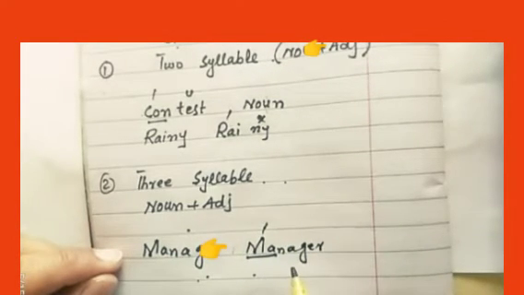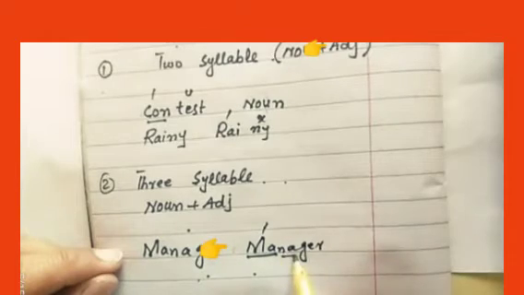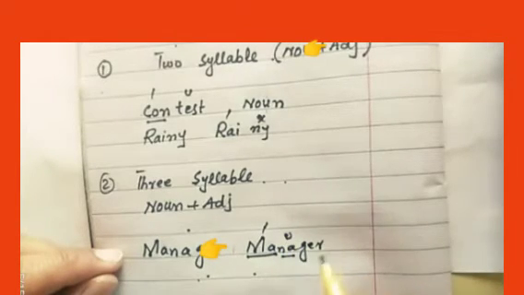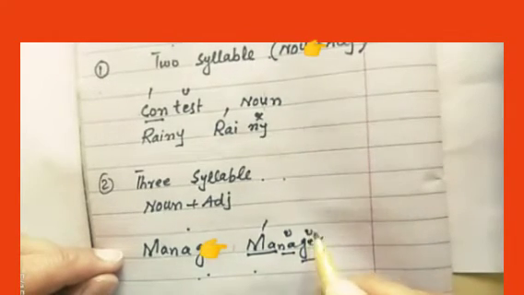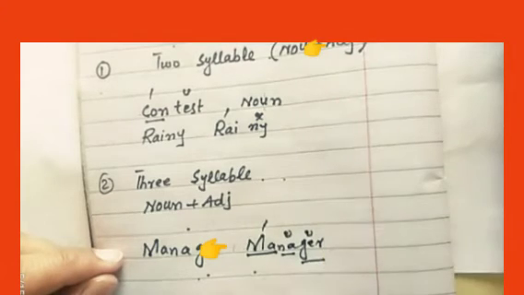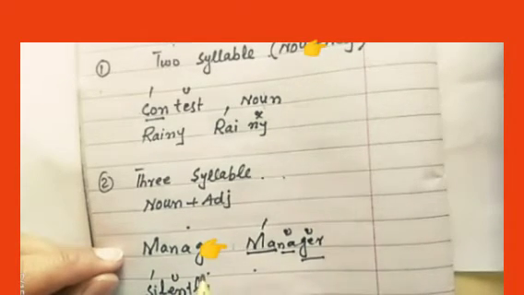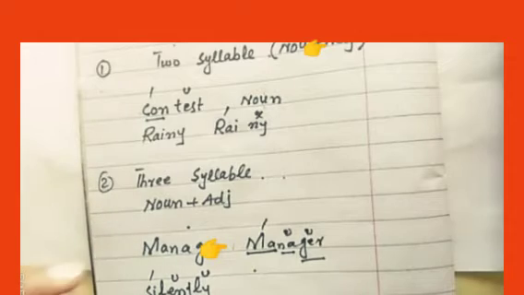The first one will be stressed, this one will be unstressed, and this one will also be unstressed. Similarly, we have silently. Si, this one will be stressed. Lent, this one will be unstressed, and ly will also be unstressed.